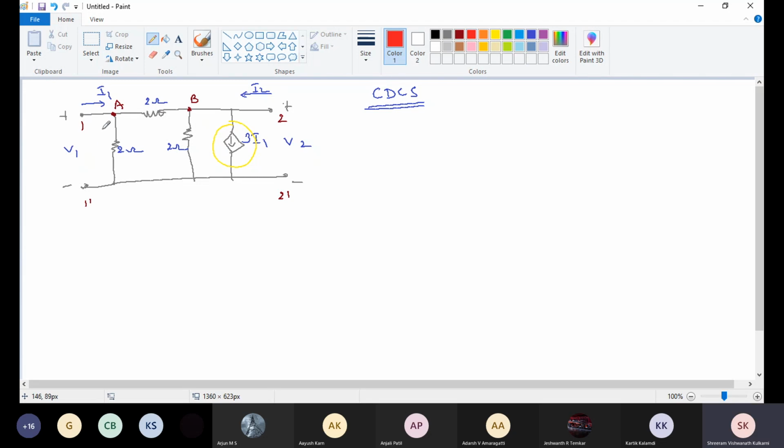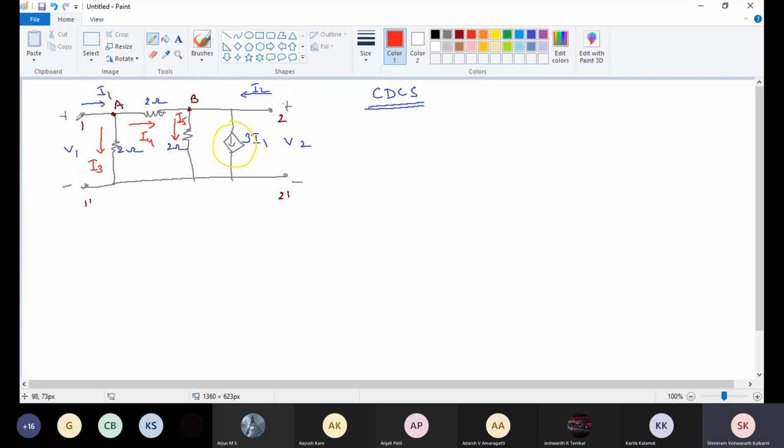I need to mark the other currents flowing in the branches. The CDCS is already here. I name them I3, I4 and I5.